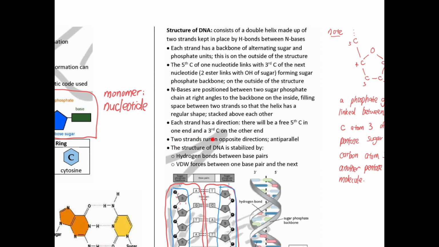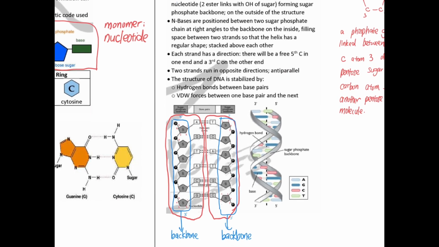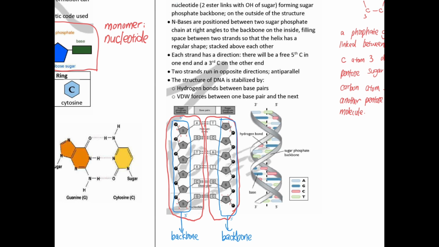The two strands run in opposite directions. We call it anti-parallel. One strand is 5' to 3', the other strand is the other way around, 3' to 5'. So this structure is called anti-parallel.